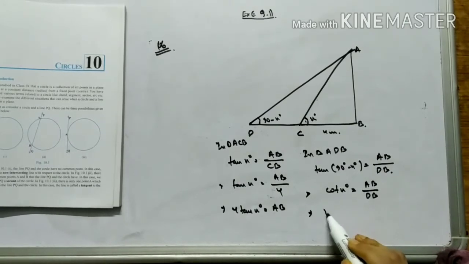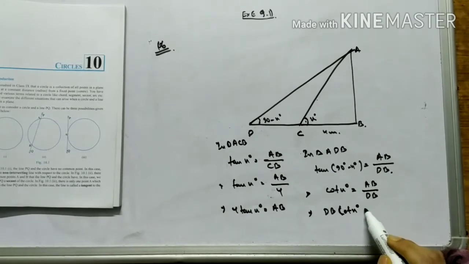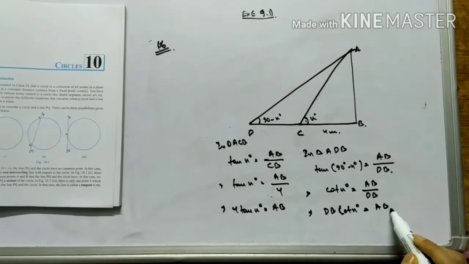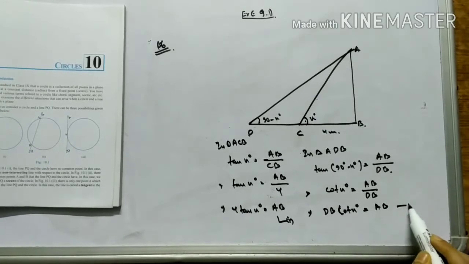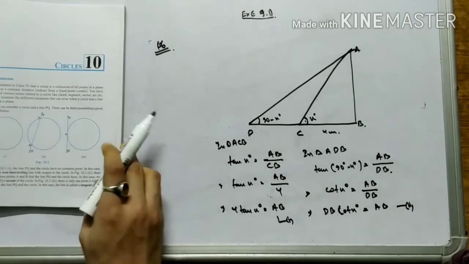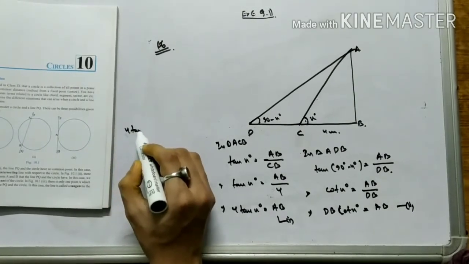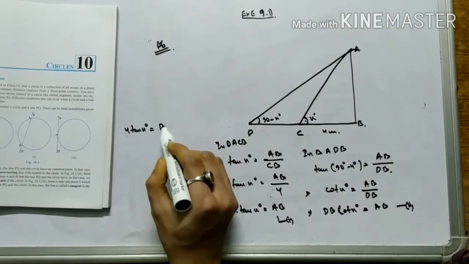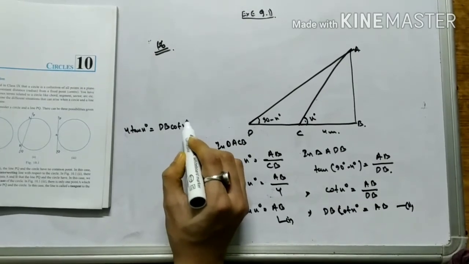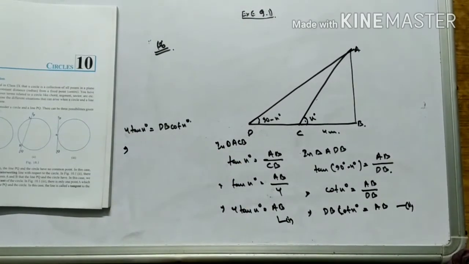So DB cot x degree will be equal to AB. This is our equation 1 and this is our equation 2. So from 1 and 2, the right hand side is equal, so the left hand side I can say is equal. That is 4 tan x degree is equal to DB cot x degree.